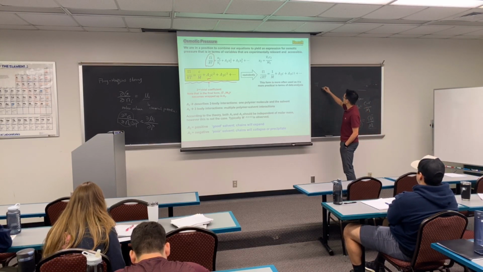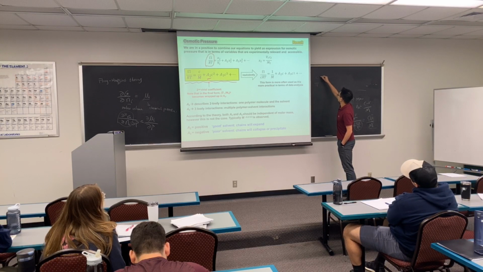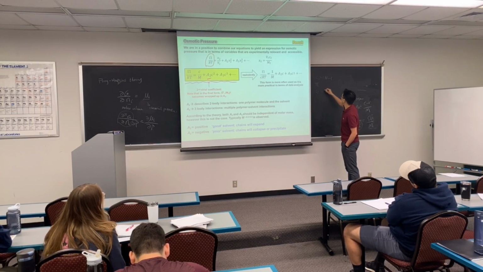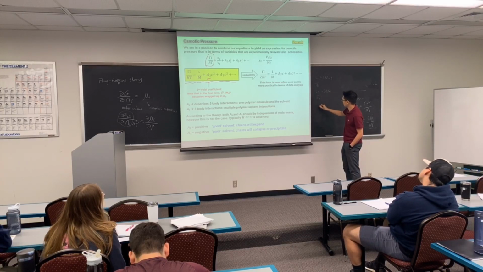So he measures concentration for our material C at 1 grams per mL. You got C1 and C2, 5 grams per mL. You got the second osmotic pressure, and this goes on.